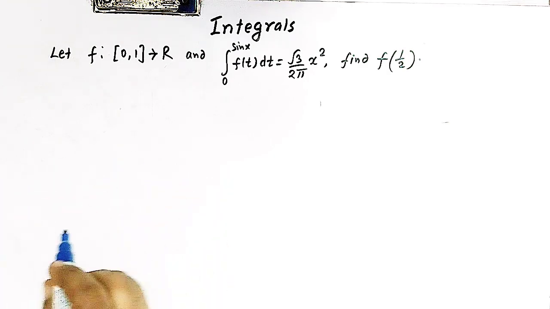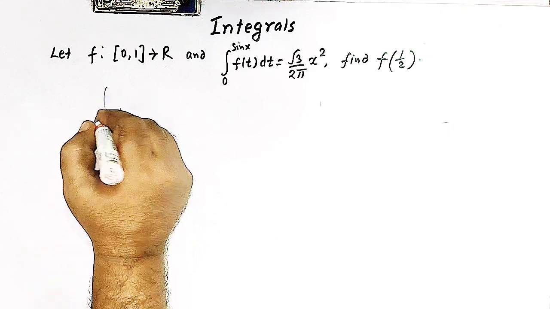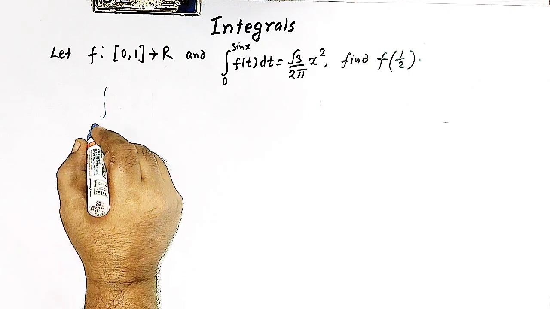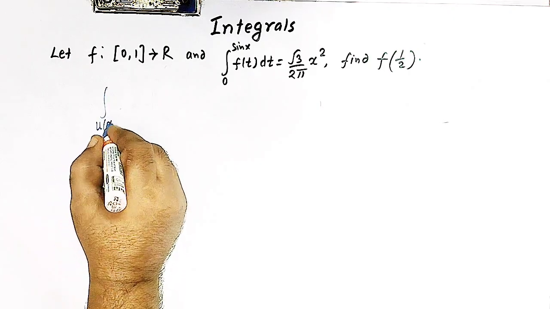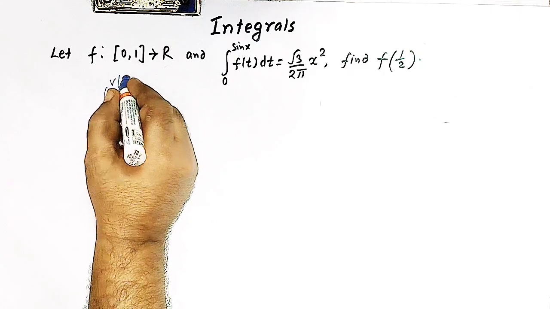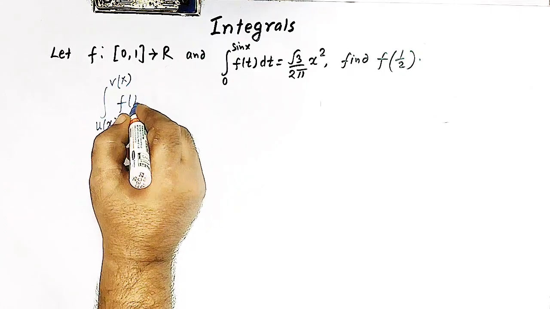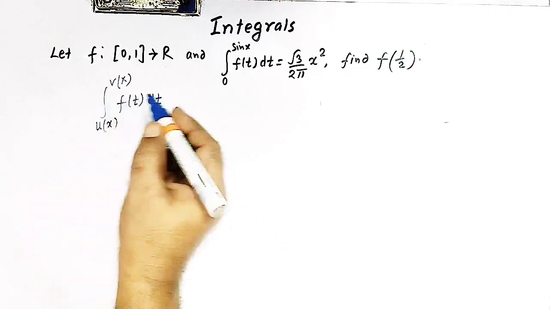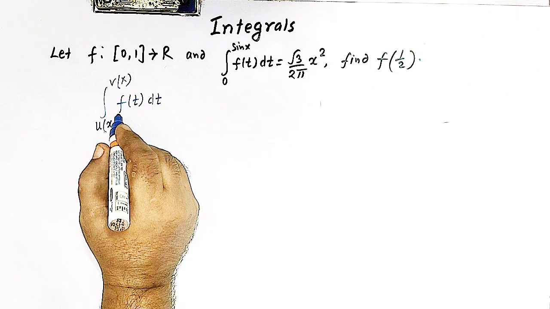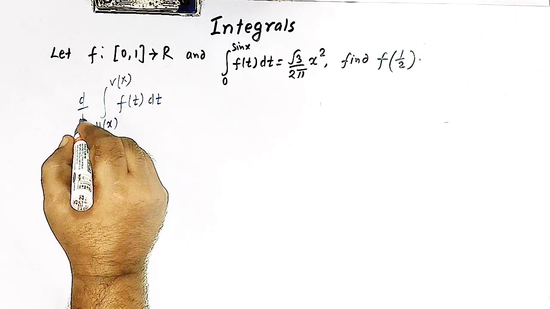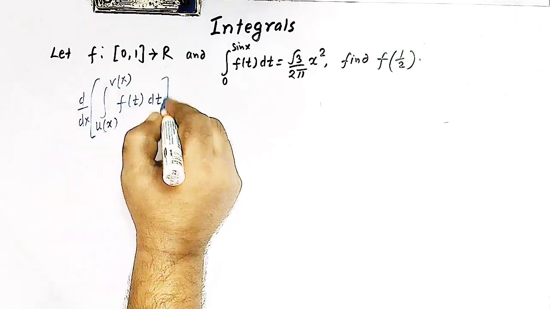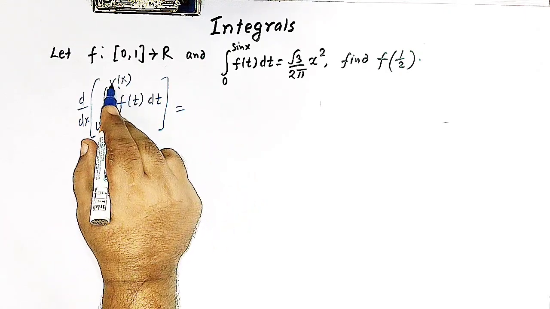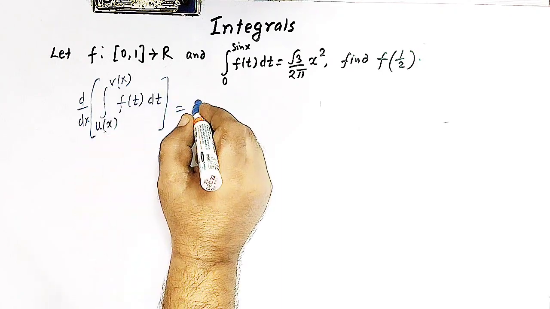Now, Leibniz integral rule states that if we have an integral whose upper and lower limits are functions of x, suppose the lower limit is u of x and the upper limit is v of x, and here we have a function f of t, and here we have dt. Now suppose we wish to differentiate this integral with respect to x, then Leibniz rule says that first we'll replace this t by the upper limit, that is v of x.